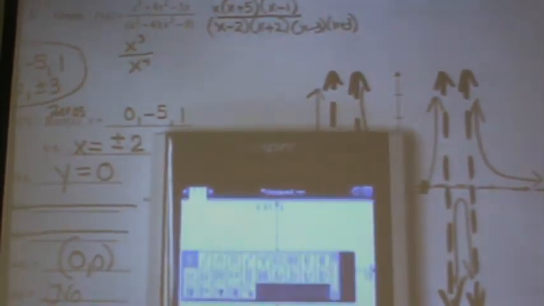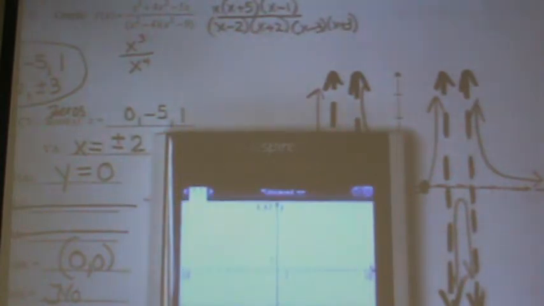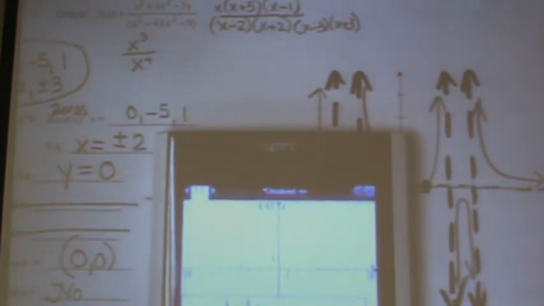So, fraction, we've got x raised to the third power plus 4x squared minus 5x. And then down we have x squared minus 4.